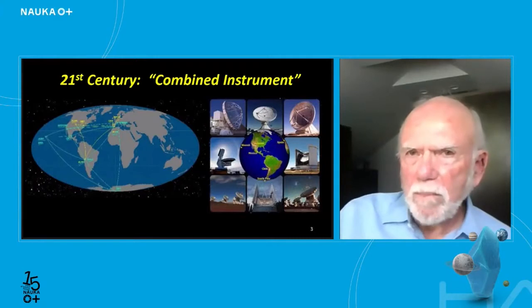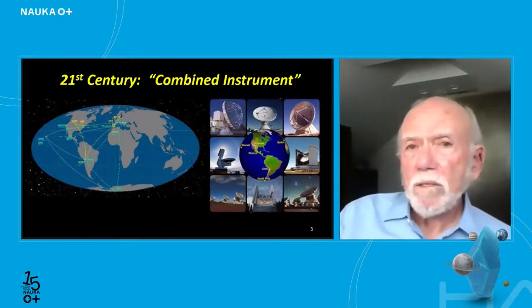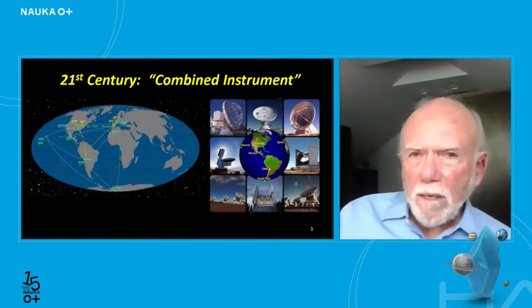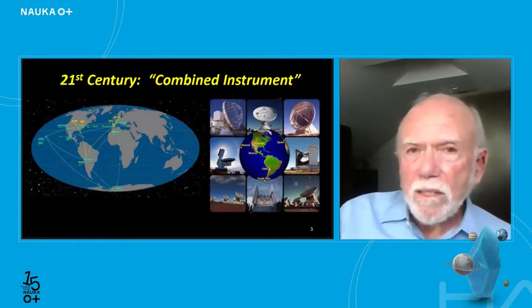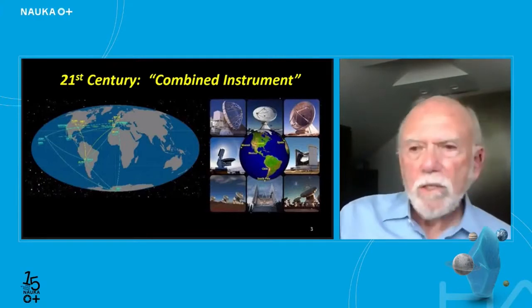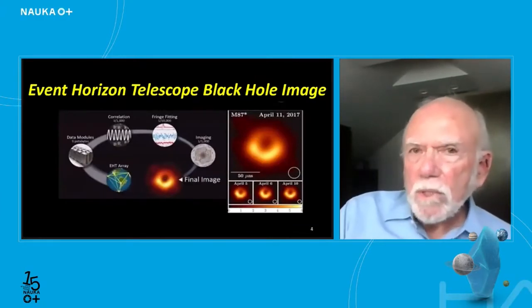They were never meant to be combined together. The information from them was combined together to give one effective radio telescope that was basically the size of the Earth. By doing that, they were able to image a black hole. And this was rather big news.